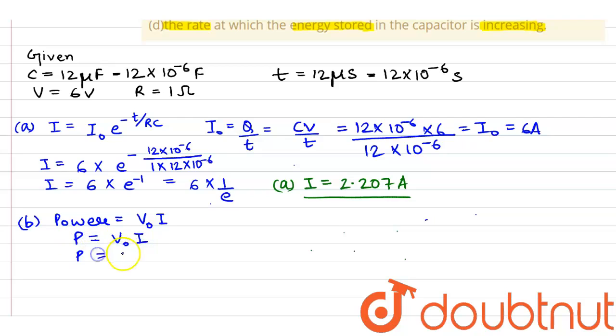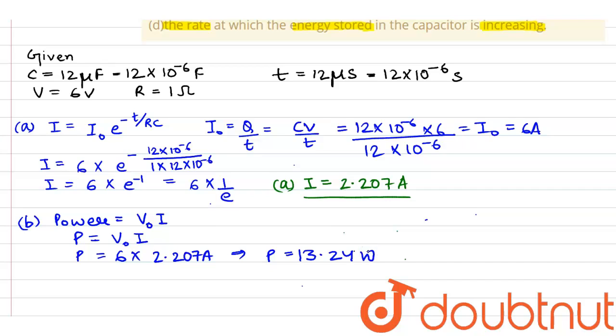So P equals V naught into I, which is 6 into I, which is going to be 2.207 ampere. So the power is going to be, in voltage, 13.24 watt.